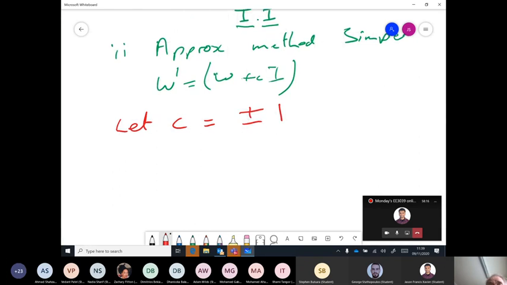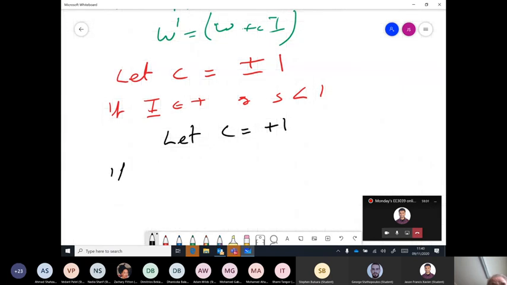What this means is if I belongs to the positive class and S is negative, we've got to make the scalar product of the weight with the input pattern more positive. Let C equal +1.